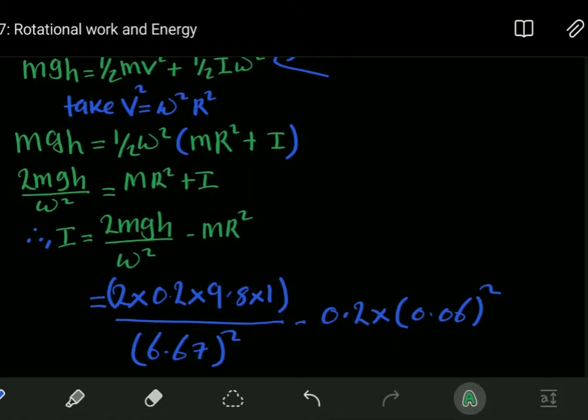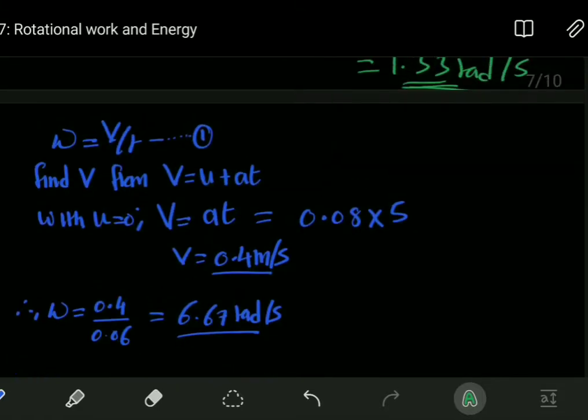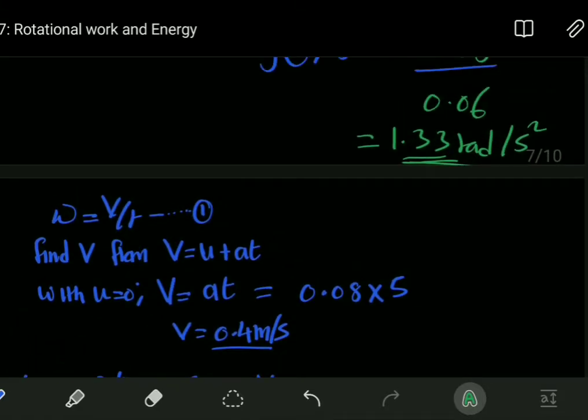Again, what we don't know here is the omega. When I was solving, I started by finding omega in advance, but when you reach this stage, you need to find omega. So let's go back here.